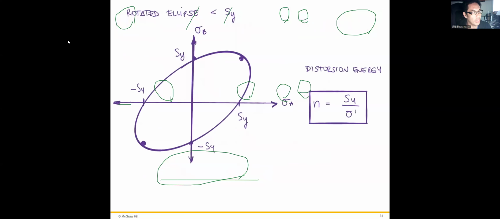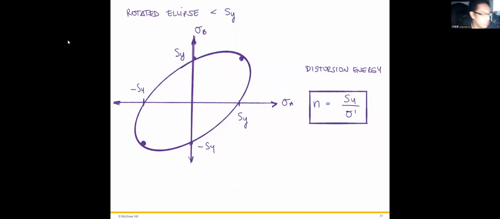So we can plot the stress envelope of the distortion energy method. It's an ellipse shape. This is the yielding stress, yielding stress, yielding stress, and yielding stress. Those stress envelopes are from the experimental data.